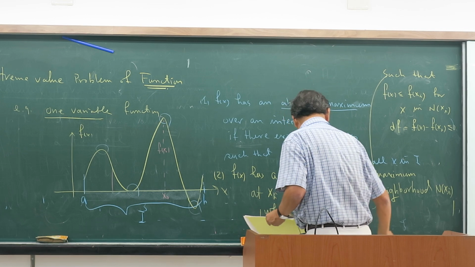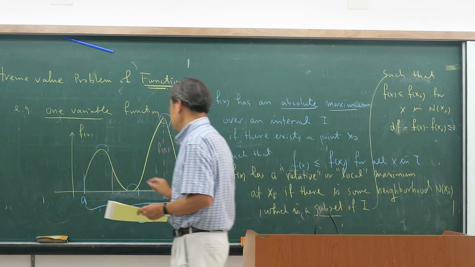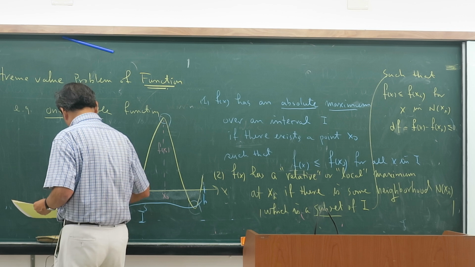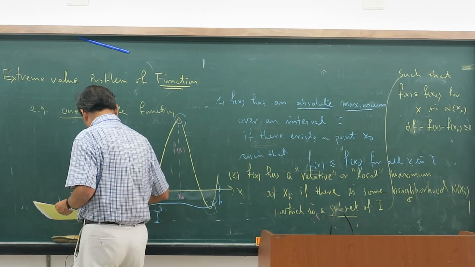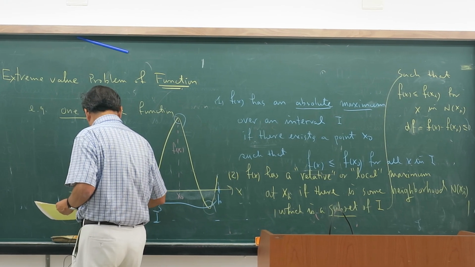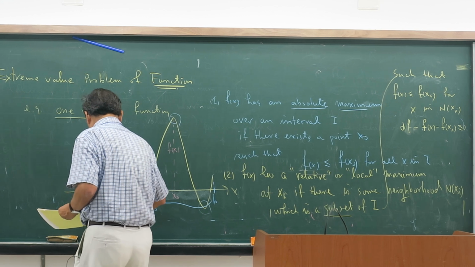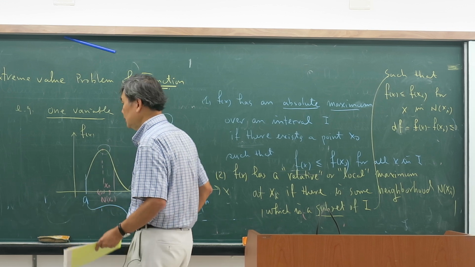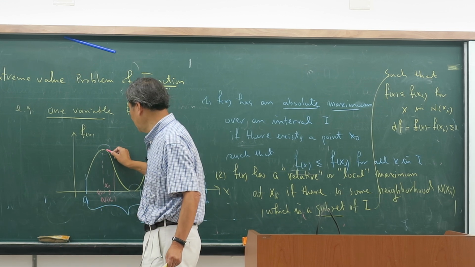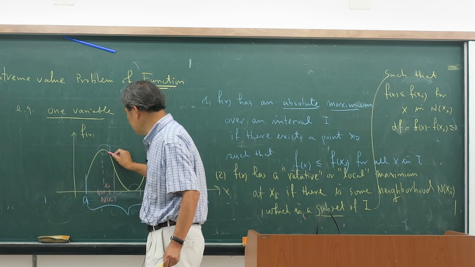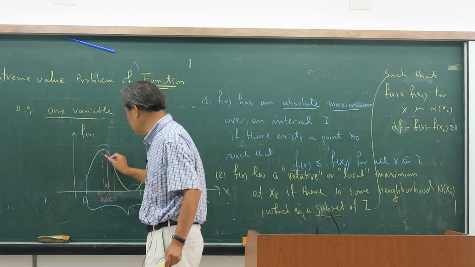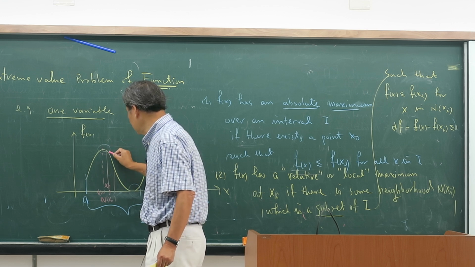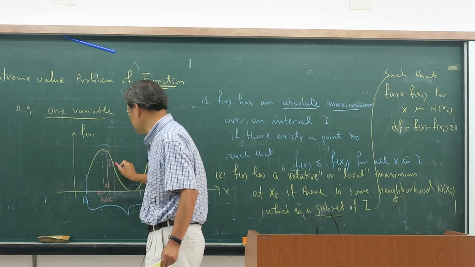Therefore, this is x bar, and this is a neighborhood of x bar. Here, globally, either this way or this way, this value is f(x).